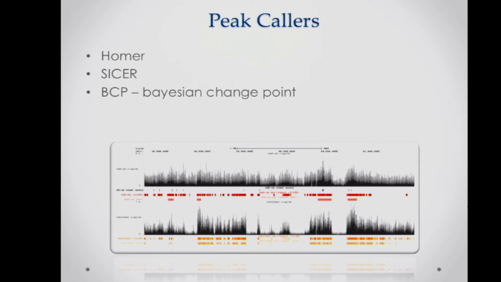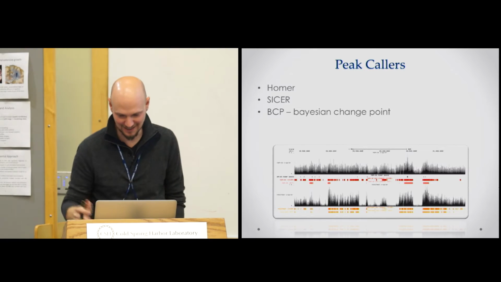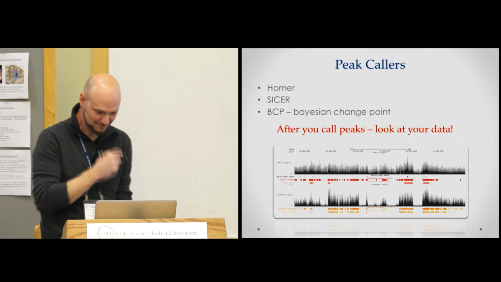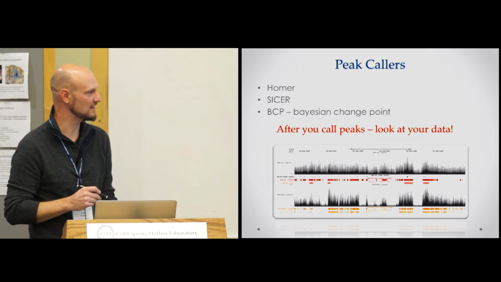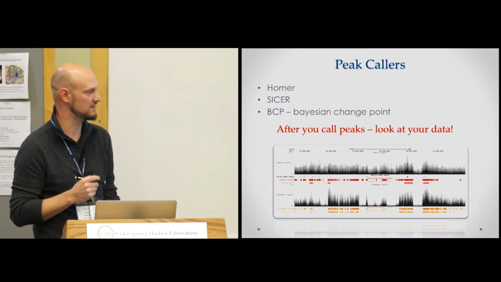So do you think this cluster should be one broad peak, or do you think these individual spikes are peaks? That also depends somewhat on the scale that you're looking at. Just take a look and see if the peak finding seems to fit the structure of your data.